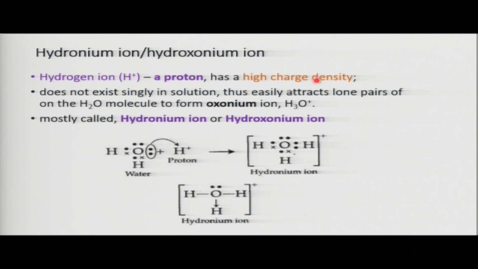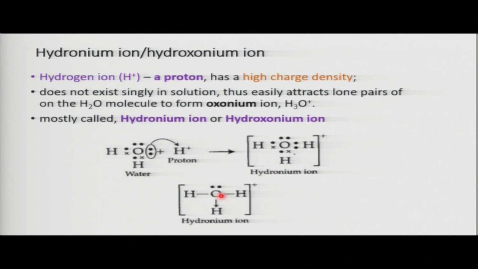Being highly charged, it attracts the lone pairs of oxygen in the water. Remember, it exists when it is in solution. As it attracts the lone pairs of electrons on oxygen in water, it forms this compound, which we call the hydronium ion.